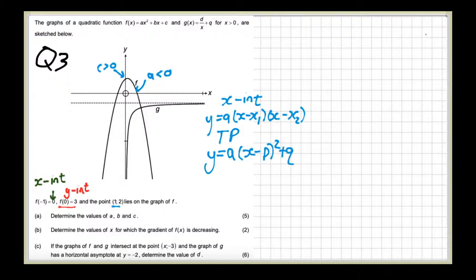They give you usually one of the two. But in this case, they don't give you either. They give you 3 semi-random points. They don't give me the two x-intercepts. They don't give me the turning point. So now what? Now I'm kind of running out of options.